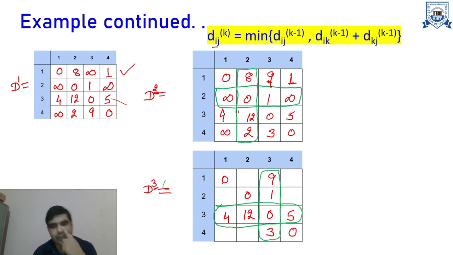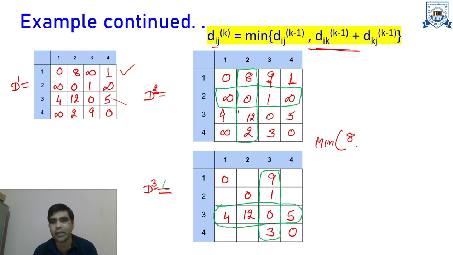Then let's suppose we have to find 1 to 2. Now first, how do we find it? Using the same logic, we find the direct path between 1 to 2 in the previous matrix, which in this case is D2. So we have to find the minimum for 1 to 2. From vertex 1 to 2, the direct path is 8.